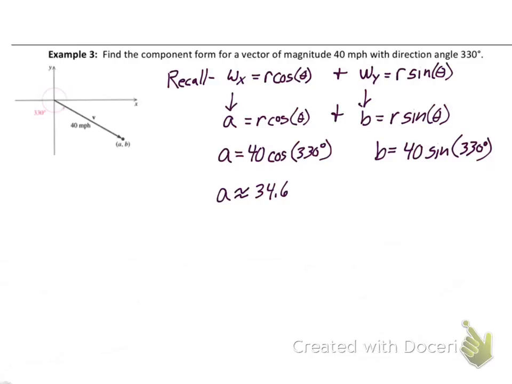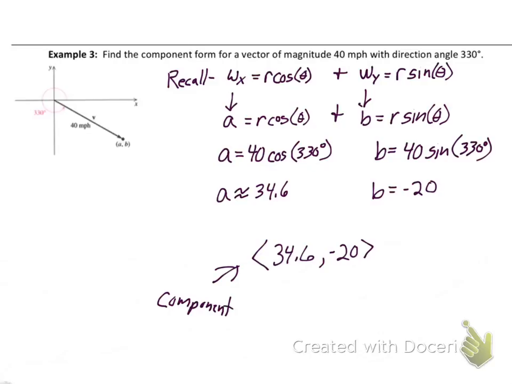Let's not put degrees because it's not actually degrees. And our B is actually going to equal negative 20. Not magnitude, so we can have negative values, right? X, Y values have negative values. So that means the component form, this is how you finish off this problem, is 34.6, negative 20.